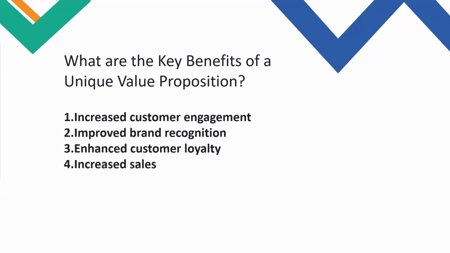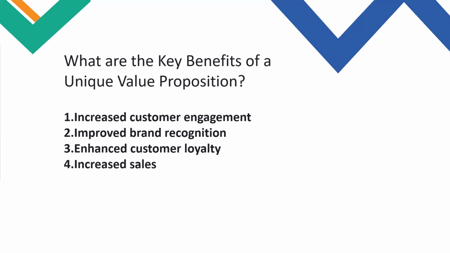So it's very important to get that unique value proposition right and market it. Now, how can a business improve its unique value proposition? You've figured out what it is. How do we improve that?